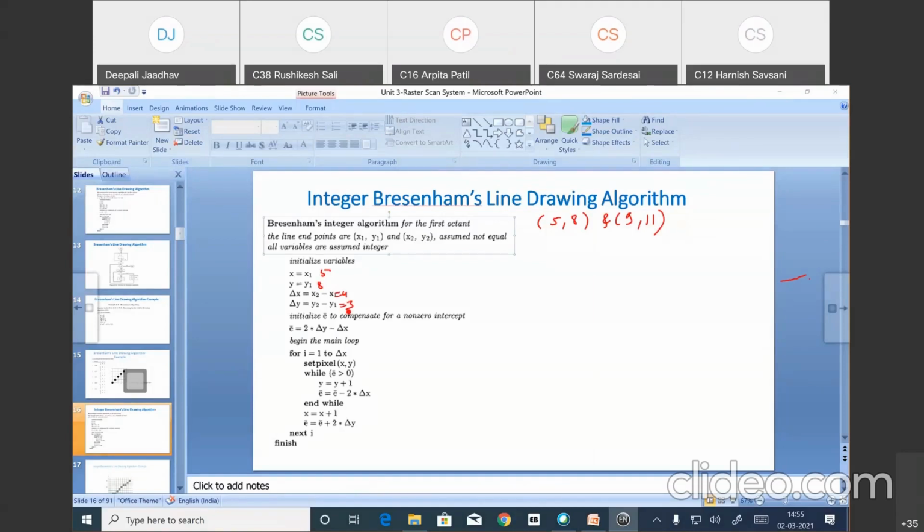Calculate the error term, 2 delta y minus delta x. So 2 delta y means 6, minus 4, that is 2. So initially the error term is 2. Here we require 2 delta x and 2 delta y every time. So 2 delta x is 8 and 2 delta y is 6.